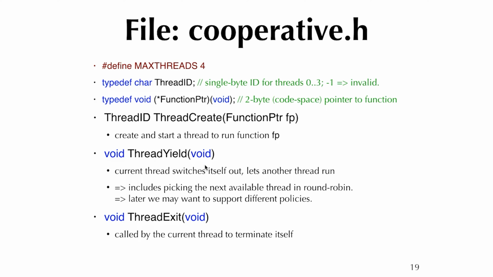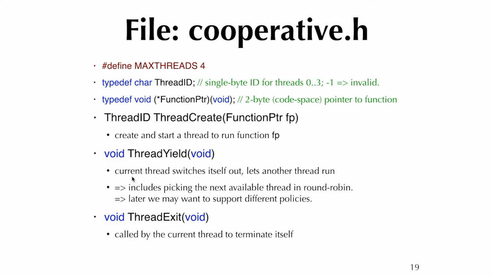So what does thread yield do? It allows a thread to voluntarily give up control. So it returns control to whom? Well, to the thread manager. What's a thread manager? It's the program that gets started before main starts, there to manage the threads. It's the code that allows you to create and destroy threads, right?